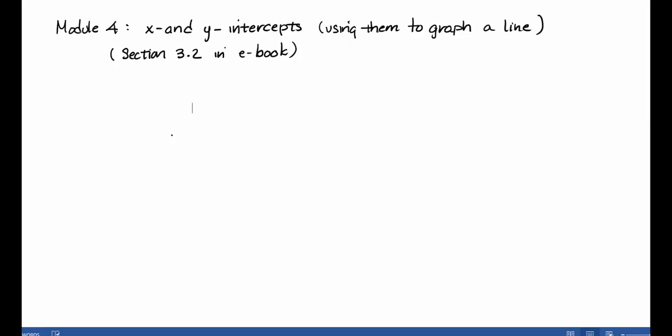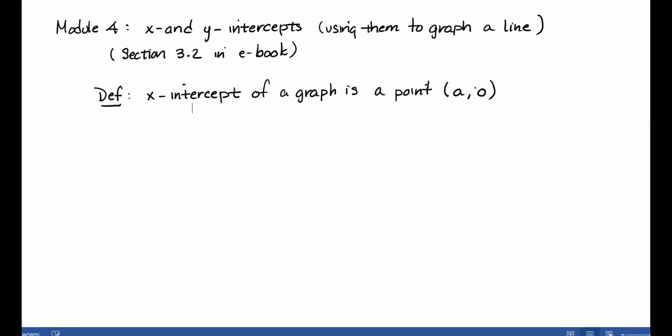Okay, so let's just do some definitions first. Definition of an X-intercept of a graph: it is a point, we'll call it (a, 0), and it's basically just where the line intersects the x-axis.